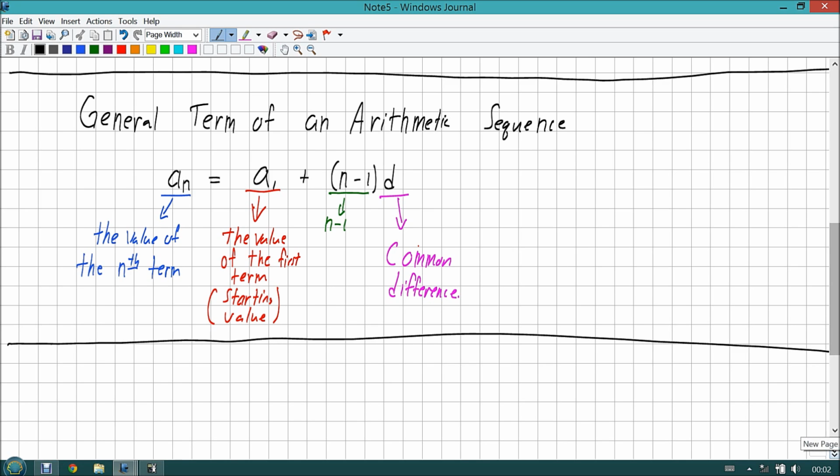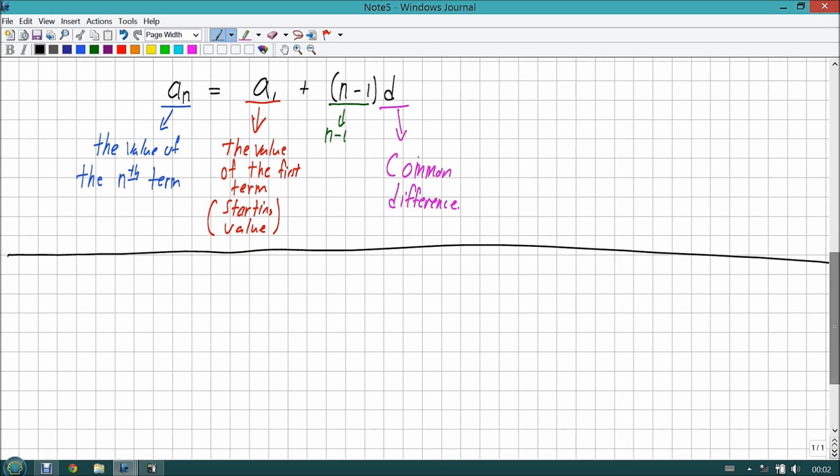So for an example, let's say that we are given the sequence a sub n is equal to 3, 5, 7, 9, 11, 13, and so on.